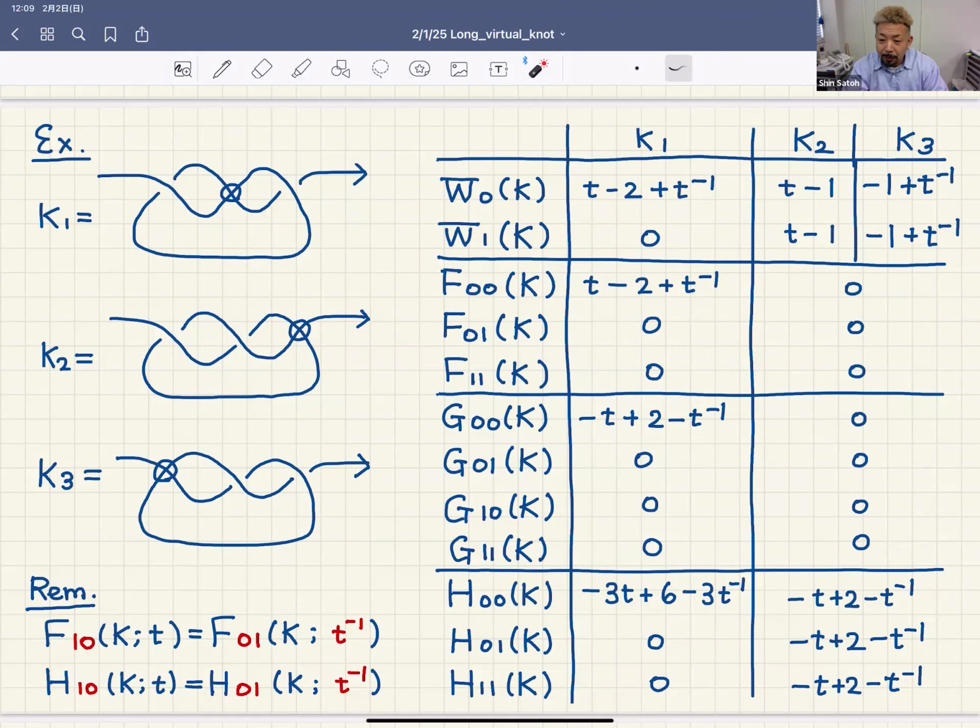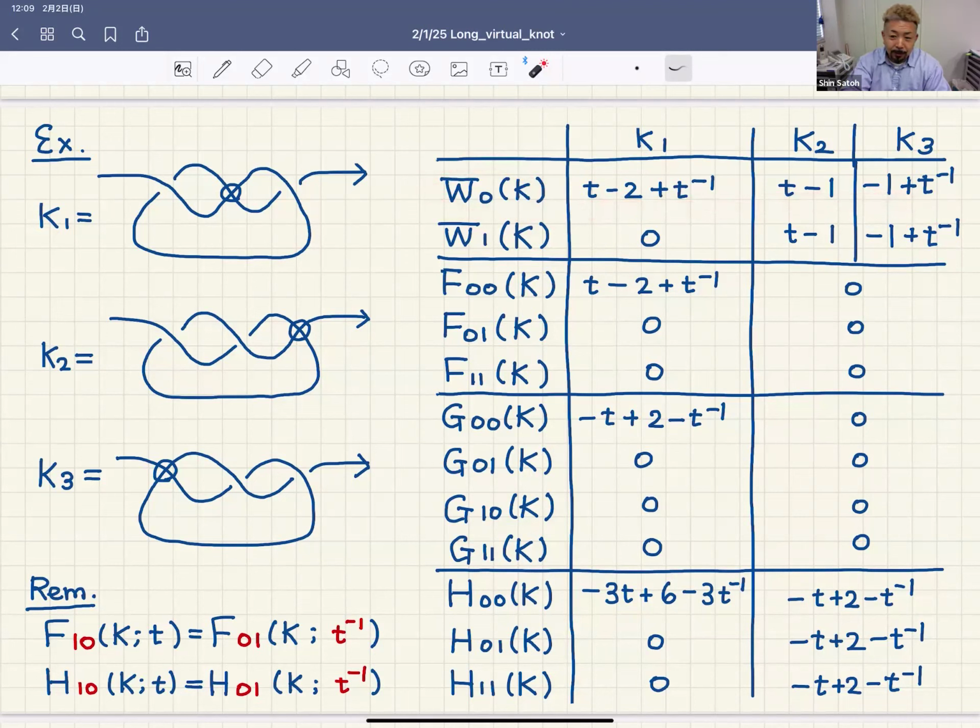So we omit these polynomials from the table. Anyway, in this example, these three virtual knots are all distinct by the 0 rise polynomial W0 only.